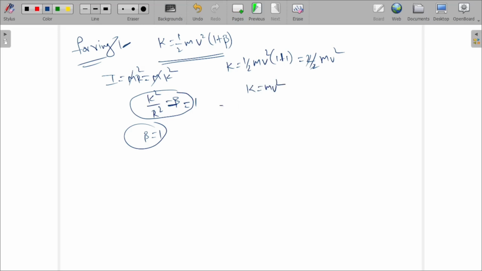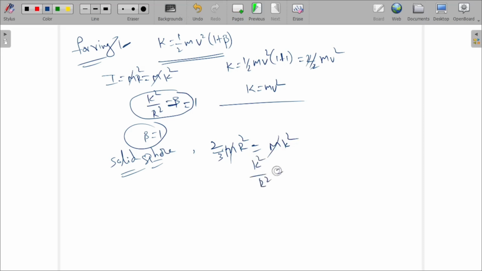Clear? For solid sphere, what will be the beta? Same. Moment of inertia is 2 by 5 m r square, which will be equal to m k square, the moment of gyration. So m gets cancelled. So k square by r square equal to how much? 2 by 5.